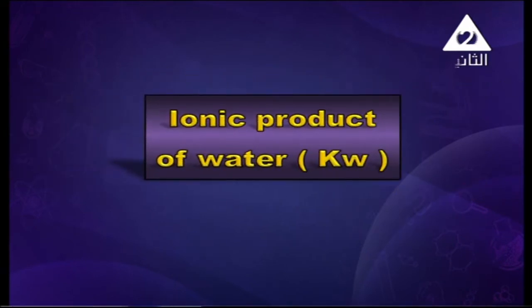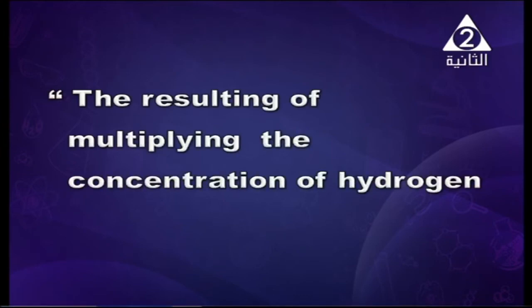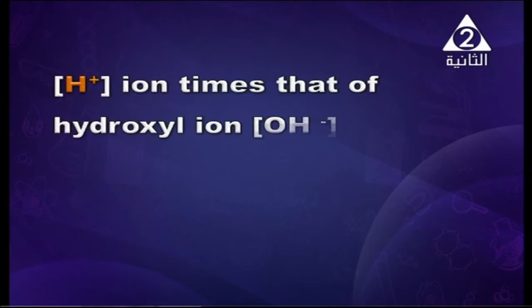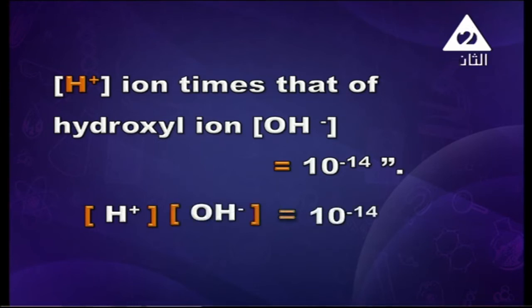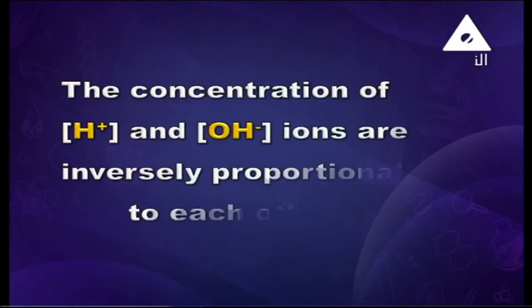So we can define the ionic product of water, Kw. It is the result of multiplying the concentration of hydrogen ion times the concentration of hydroxyl ion, which equals 10 to the power negative 14. So concentration of hydrogen ion times concentration of hydroxide ion equals 10 to the power negative 14, which is Kw.